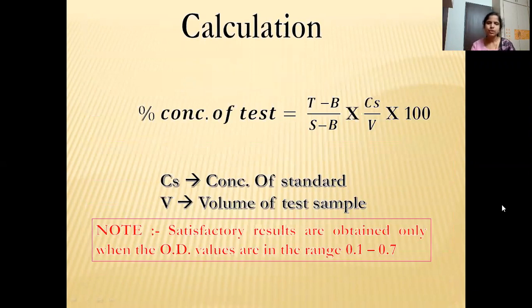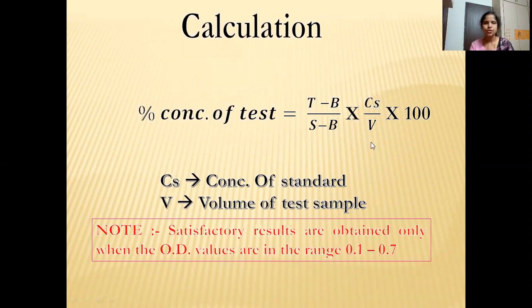We substitute all those values in this formula: concentration of test equals (T minus B) by (S minus B). T stands for the absorbance of the test solution, B stands for the absorbance of the blank solution, S is for the standard solution, again B for the blank solution.